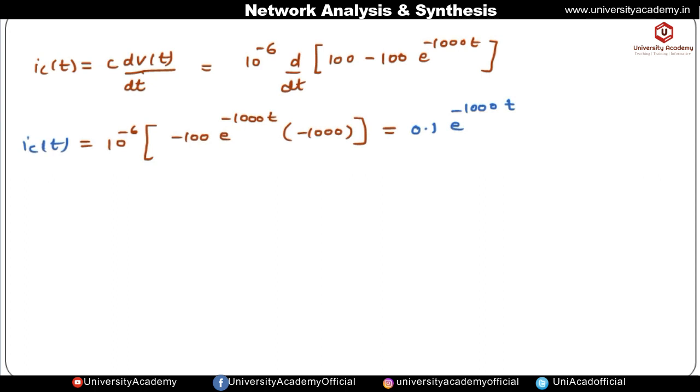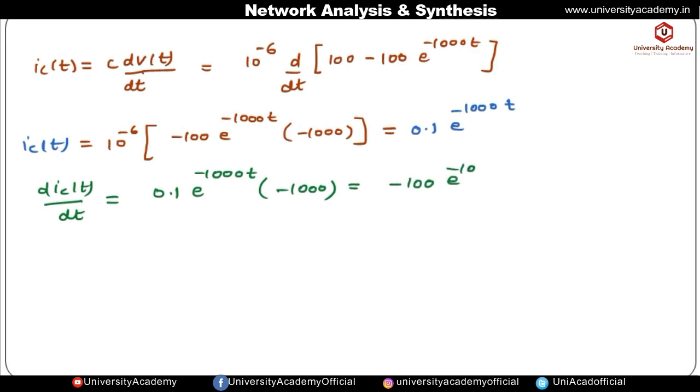But in the question we have to find d of Ic by dt. It means we have to differentiate this equation with respect to t. So it will be 0.1 into e to the power minus 1000 t, and the differentiation of minus 1000 t is minus 1000. It means we are getting minus 100 into e to the power minus 1000 t. So d of Ic by dt, we have to find at t equal to 0 positive.